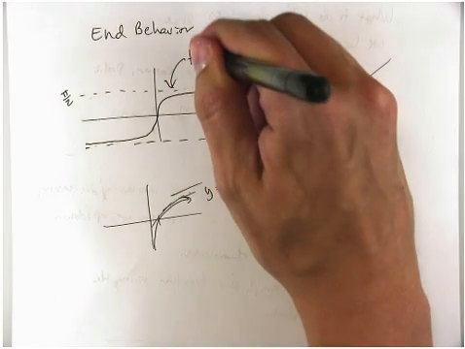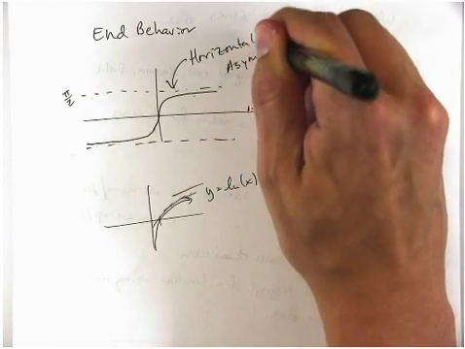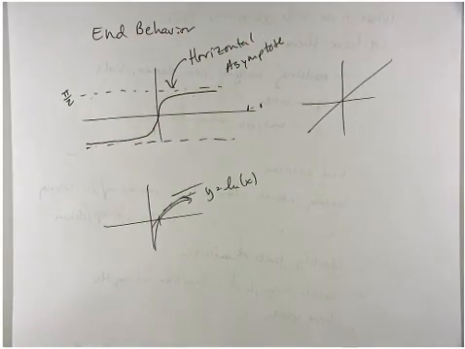This, incidentally, is called a horizontal asymptote.